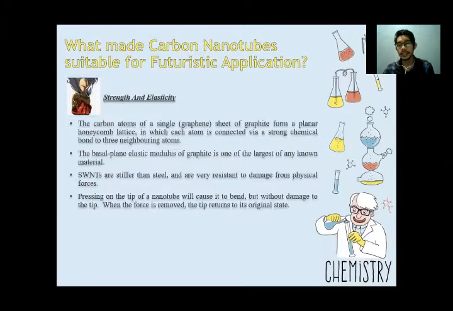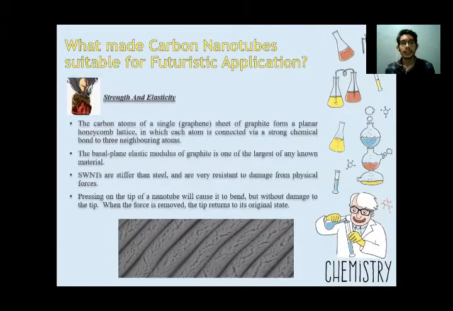Other than that, the characteristic is strength and elasticity. The carbon atoms in a graphene sheet of graphite form a planar honeycomb lattice in which each atom is connected via a strong chemical bond to three neighboring atoms.